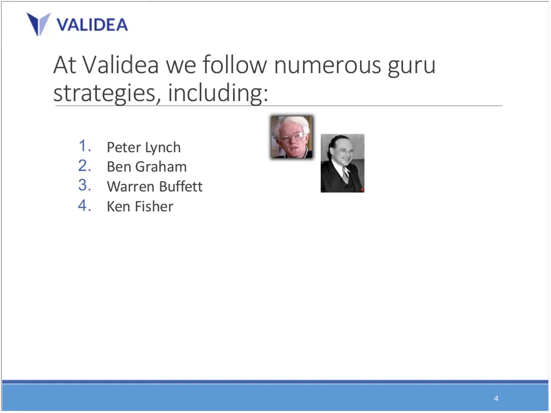Ken Fisher, very famed money manager, columnist and professional investor, has gone on to manage about $35 billion at this time. His formula was based upon popularizing the price-to-sales ratio.